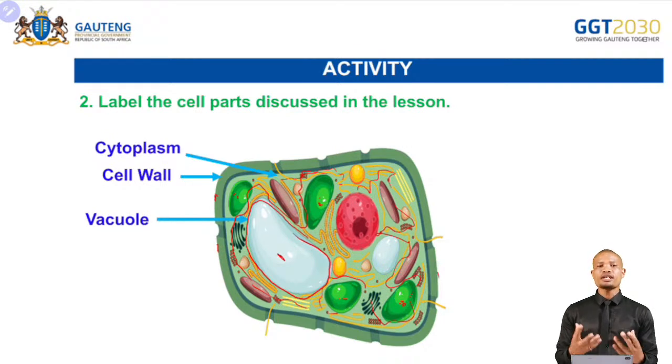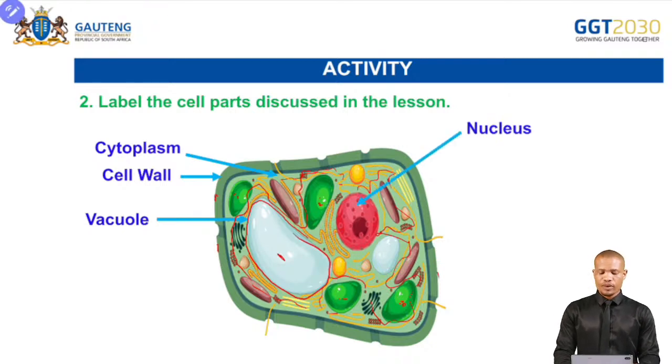Okay, so every organelle that is inside the cell, that is enclosed by the cell membrane, is inside the cytoplasm. And what is the function of the cytoplasm again? Yes, that's correct. It is where chemical reactions occur. Now let's look at another label. What else can you see? I see a lot of things. What else can you see?